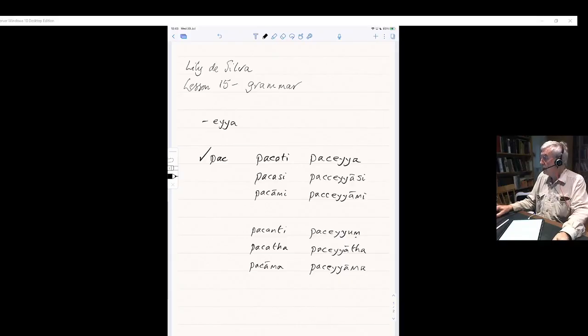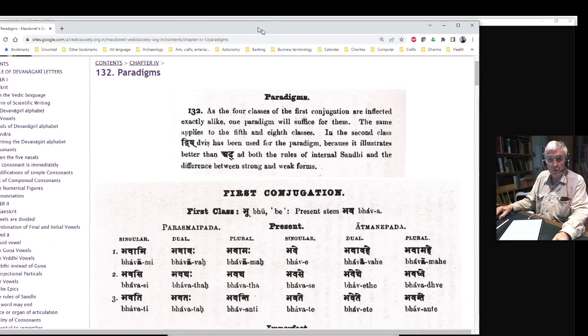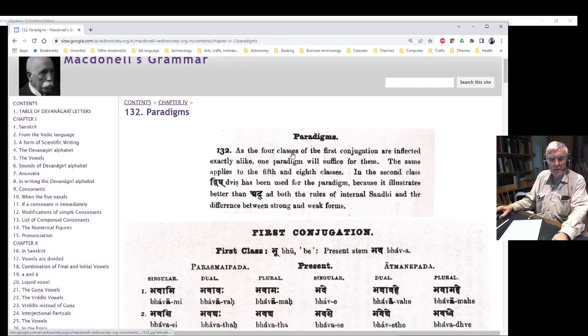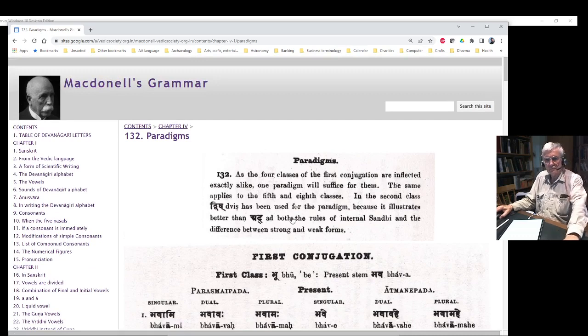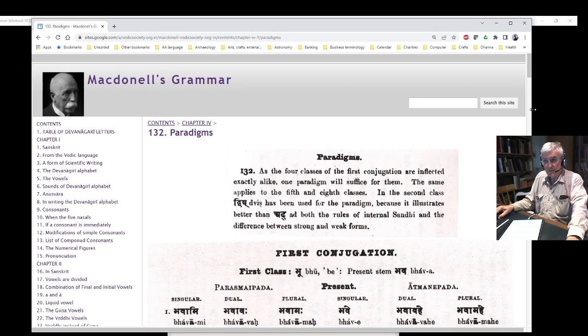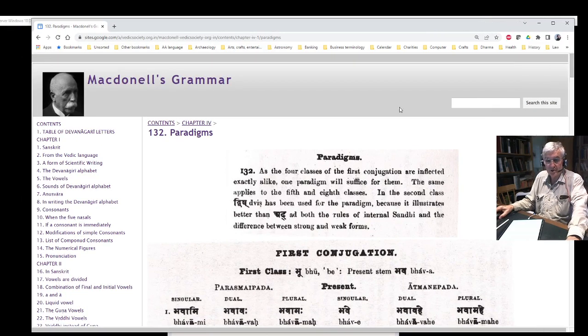So I will now go to screen, share screen, and here we are. I'm calling up MacDonnell. You will have access to this through my study resources sheet.